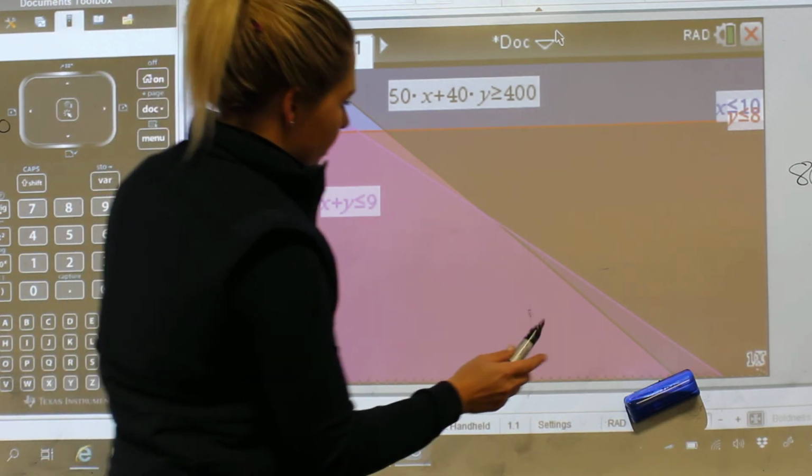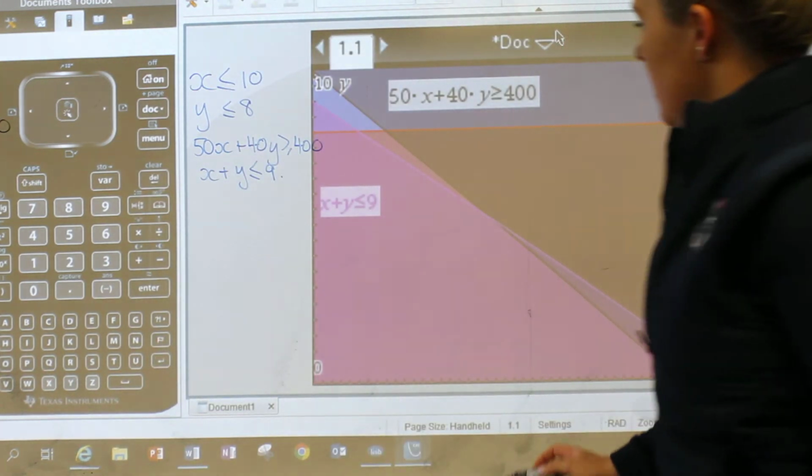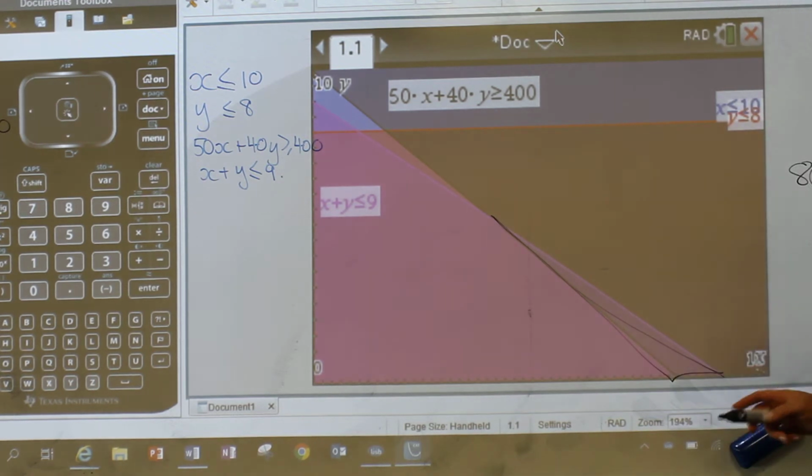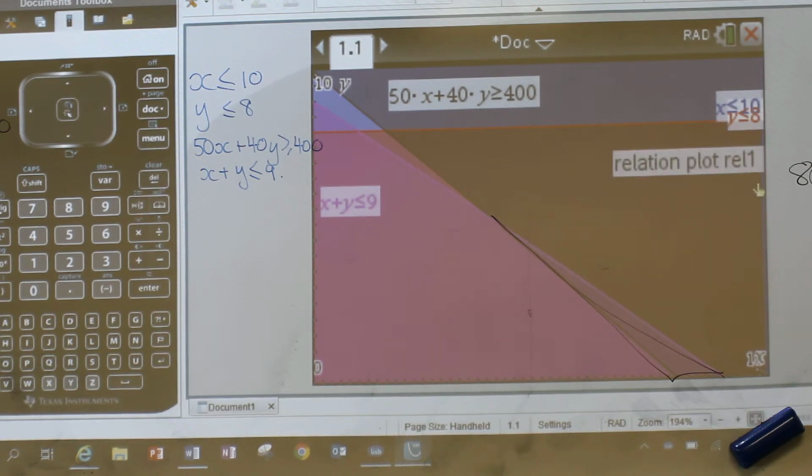They are all true in which section? This section here, okay? Actually, I don't know if that is the case. Yes, they are. That is all true in that section there. Because this pink one is coming under and that black one's going above.